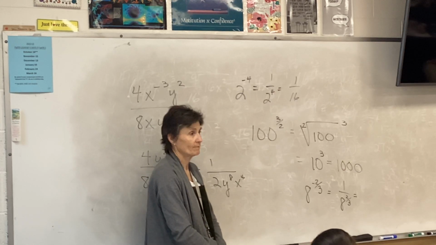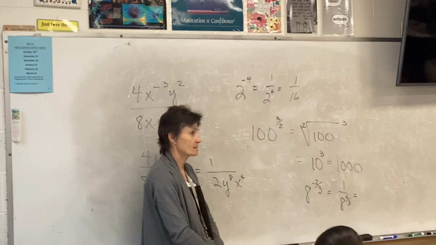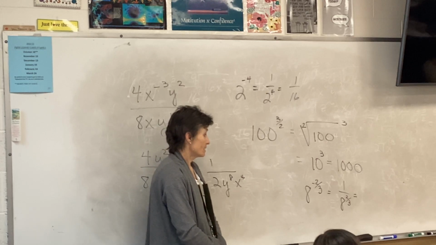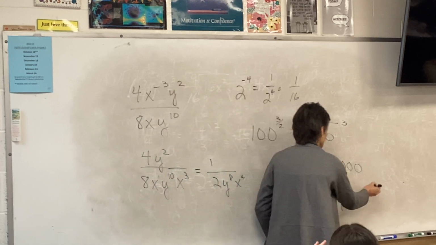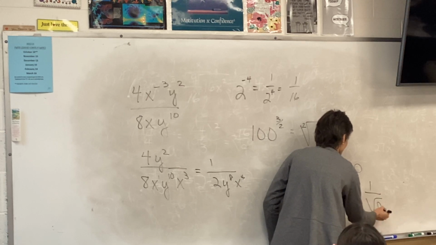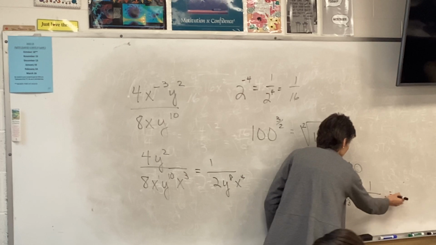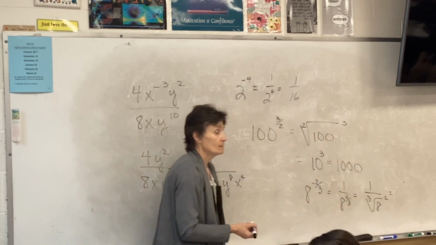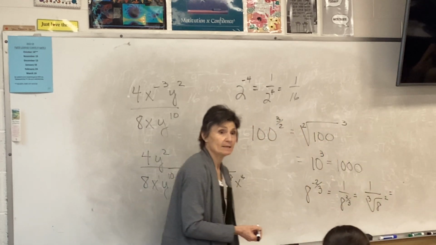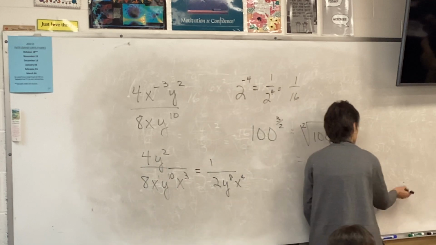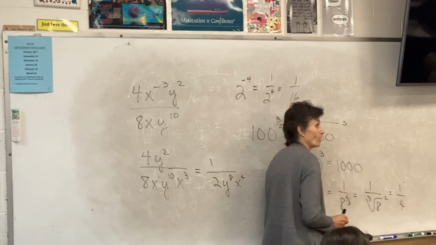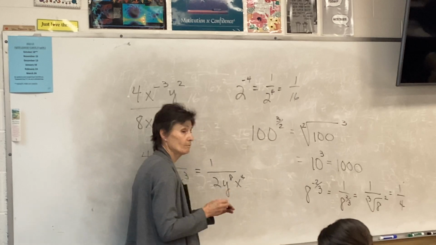Just make it positive. No flipping exponents. So that's gonna be a radical, gonna have an 8 under it, and it's gonna be the cube root squared. The cube root of 8 is 2, and 2 squared is 4. So 1 over 4.